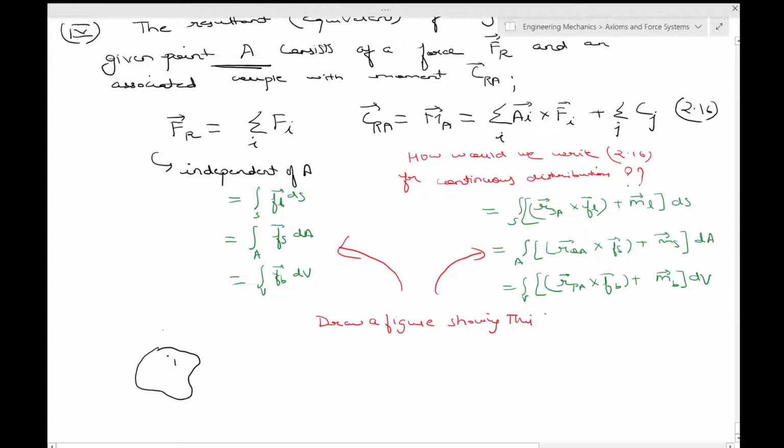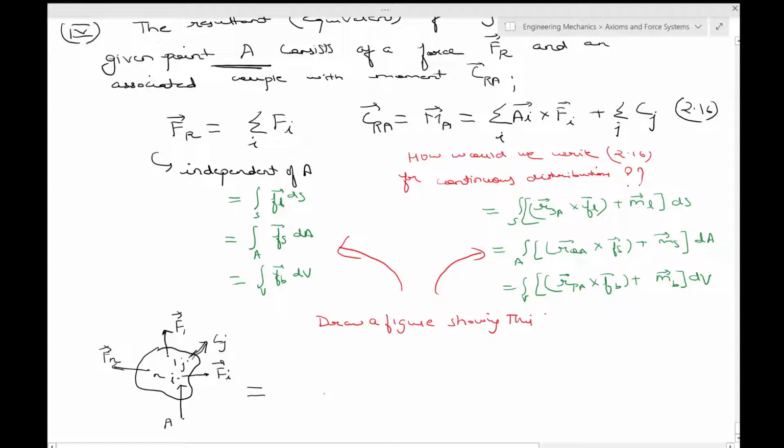Say you had point 1, F1, so you have point I, Fi, and you have say point N as Fn, you have point J. Now this is a force system.